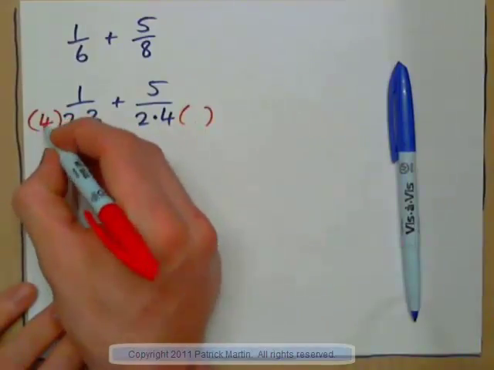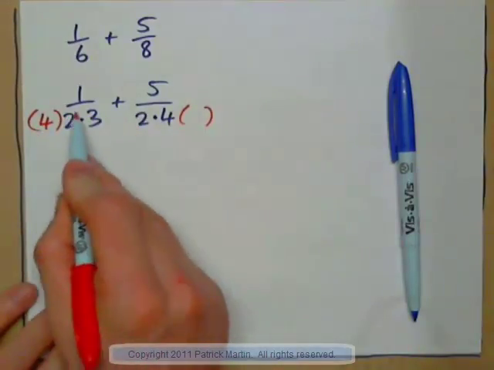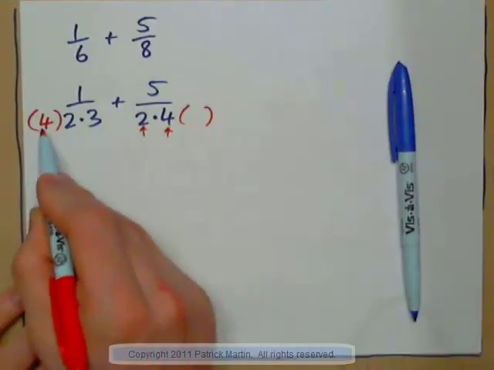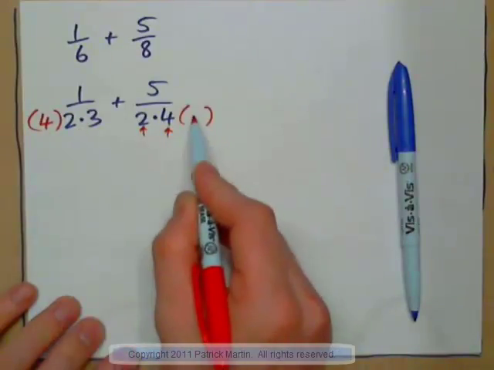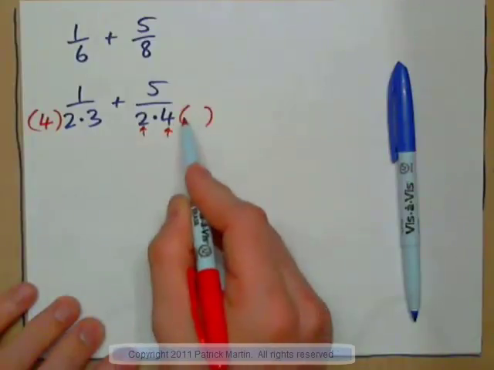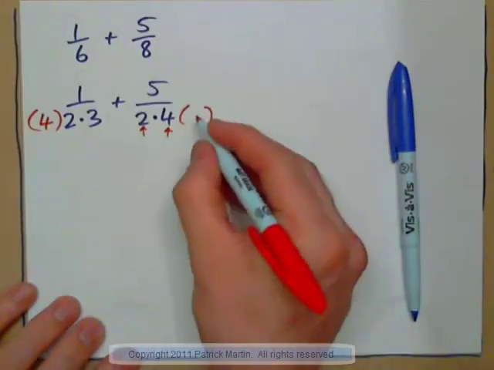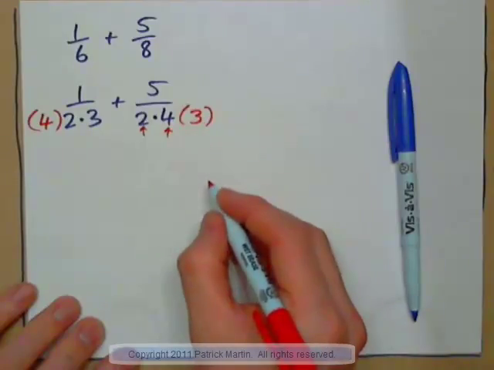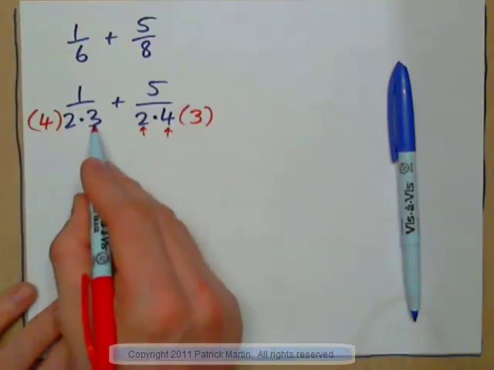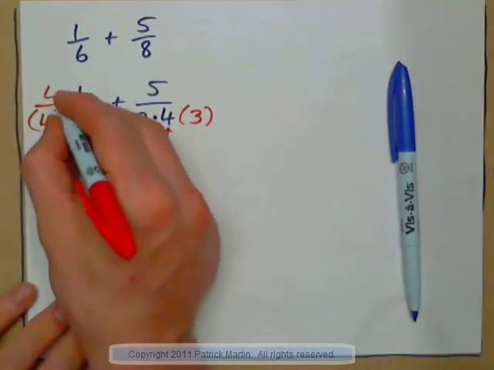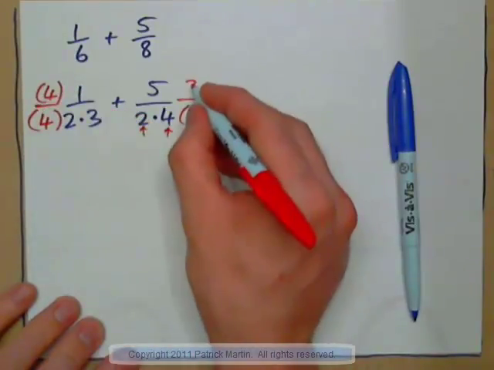If you put a 4 here, now over here we're including this 2 and this 4. Okay? Now what would you put here so that both bottoms are completely the same? Would you put a 3? Right? So you got 2 times 4 times 3, 2 times 4 times 3, same bottom. Multiply this top by 4 though, of course, and multiply this top by 3.